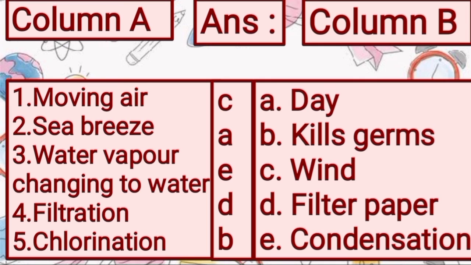Now fifth question from column A, chlorination. It is a process in which chlorine is added to kill germs in dirty water. So the answer of chlorination is B, kills germs.